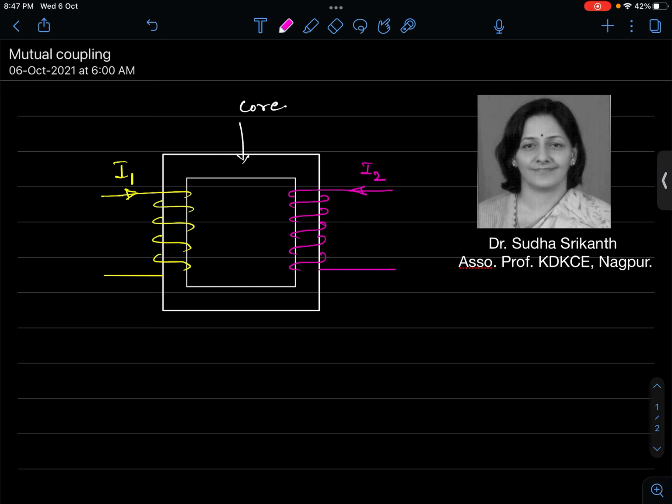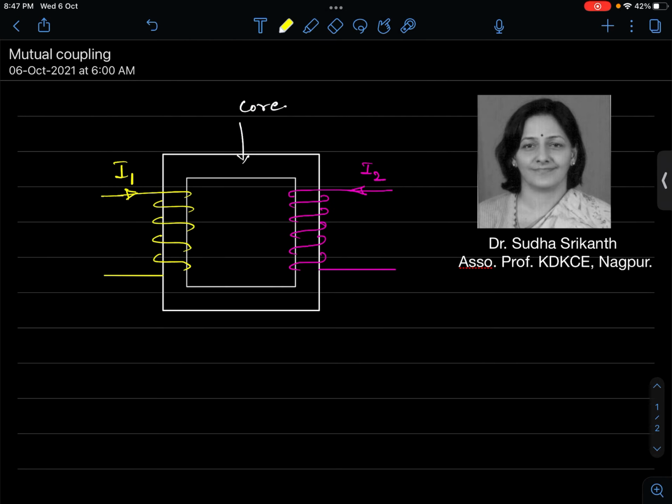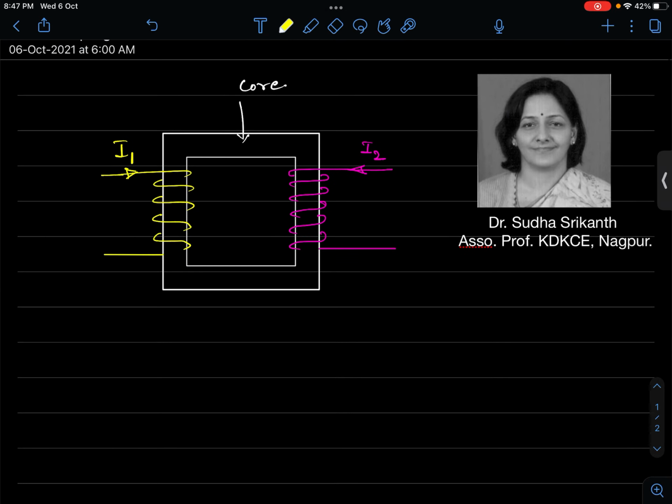If we extend that principle to these two coils, we find that the flux produced by the coil in yellow, which we can call phi1, is going to be a clockwise flux. I'll indicate the clockwise flux in yellow. This is phi1, the flux produced due to the current I1 flowing through the coil in yellow. For the other coil, in pink, the current flowing is in the counterclockwise direction.